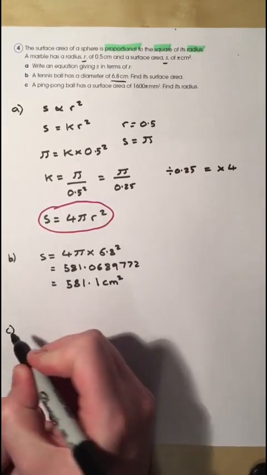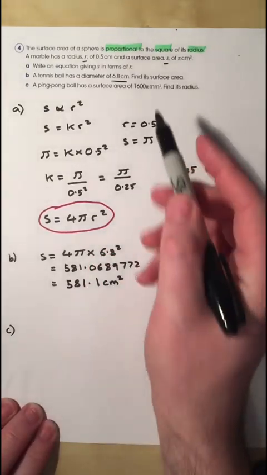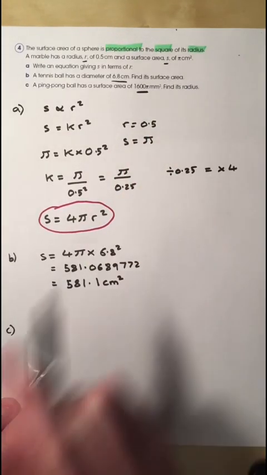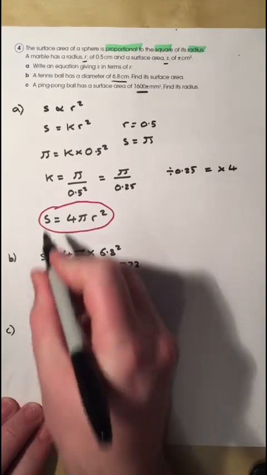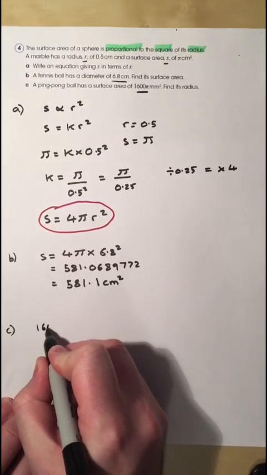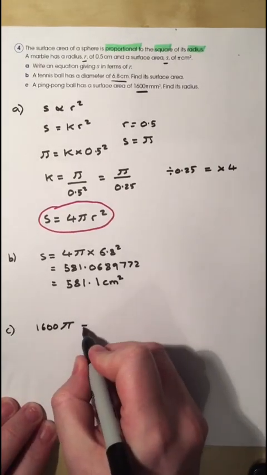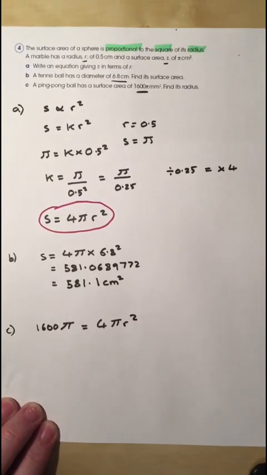Part C, using the same equation, but this time it says the surface area is 1600 pi. Don't forget about that pi, which is part of the number. So that means that the surface area, S, is 1600 times pi, and that equals 4 pi R squared.